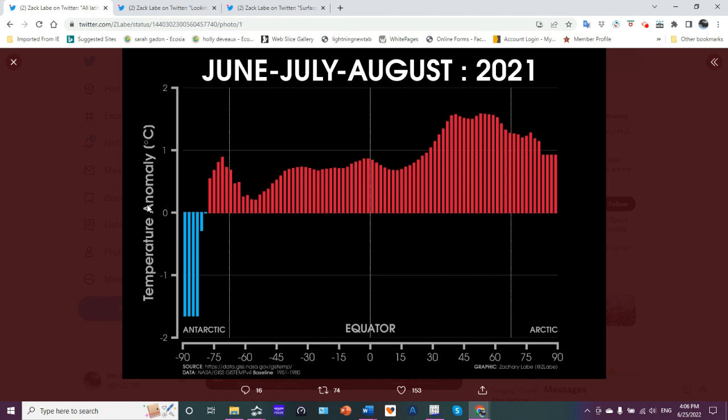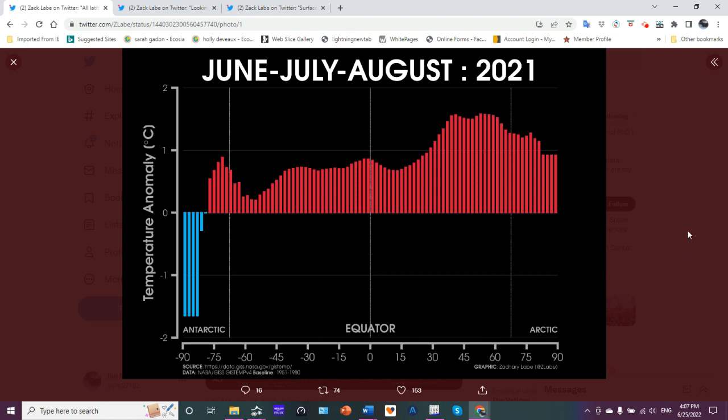So this is the temperature anomaly. This is the departure, either warmer by up to 2C or cooler by up to 2C, based on the 1951 to 1980 baseline. And basically, this is NASA's data, GISS, right?